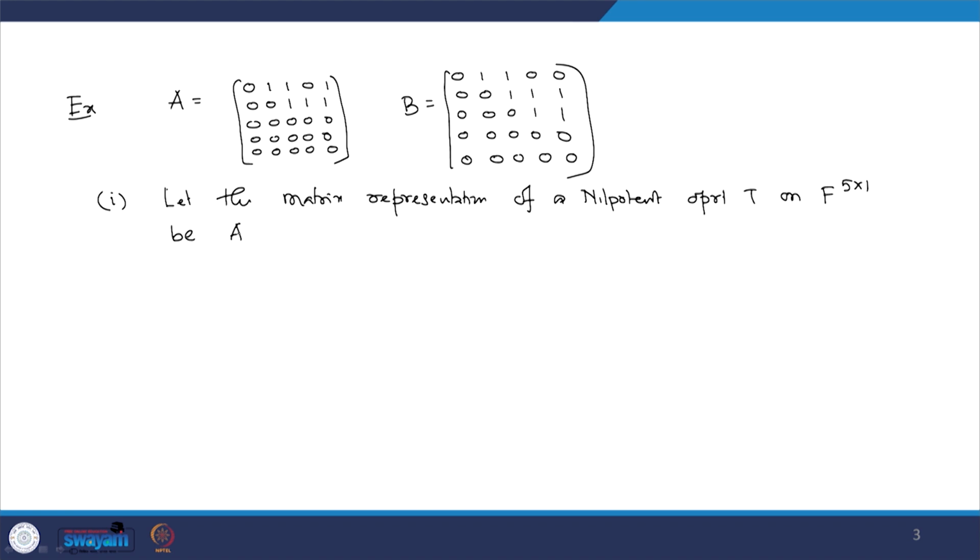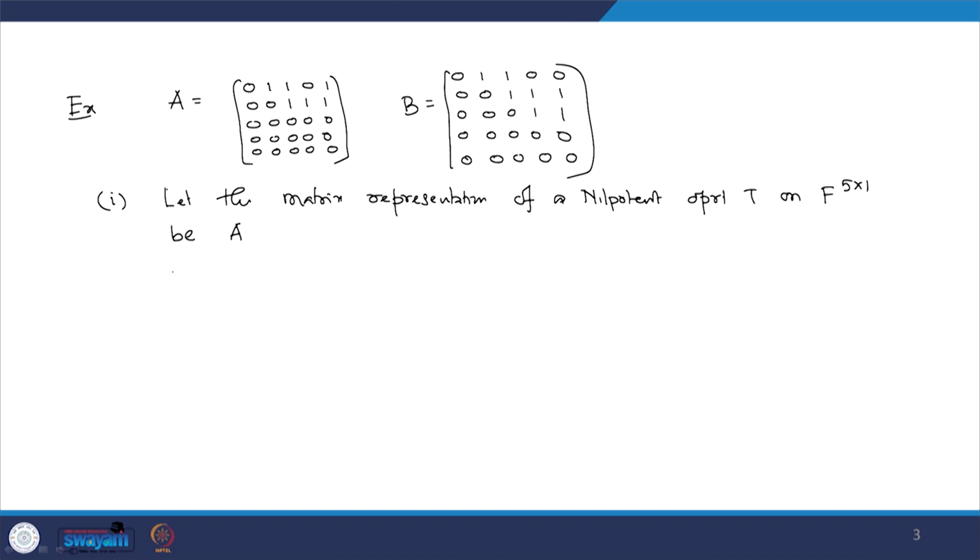Now, for the case of A, let us see how the operator T whose matrix representation is A has a block diagonal matrix representation. This is again an example we are using to check the theorems we have discussed right now.